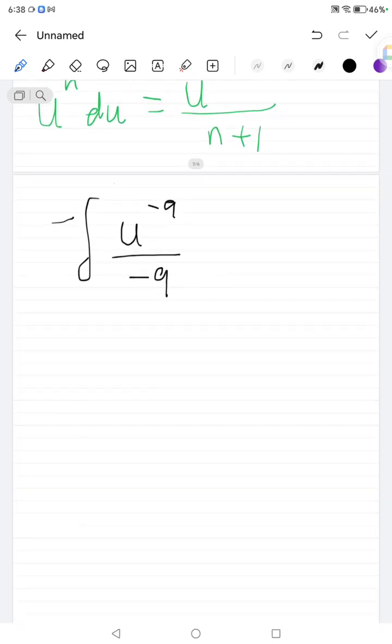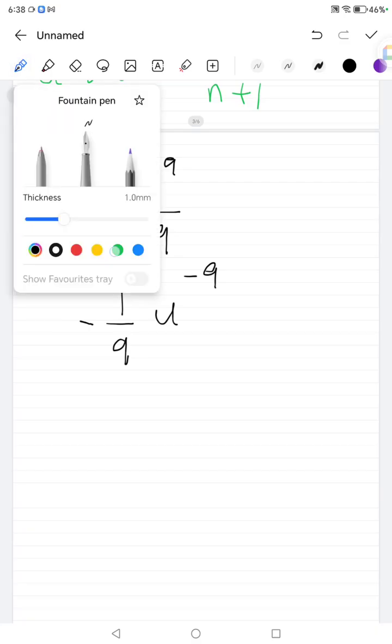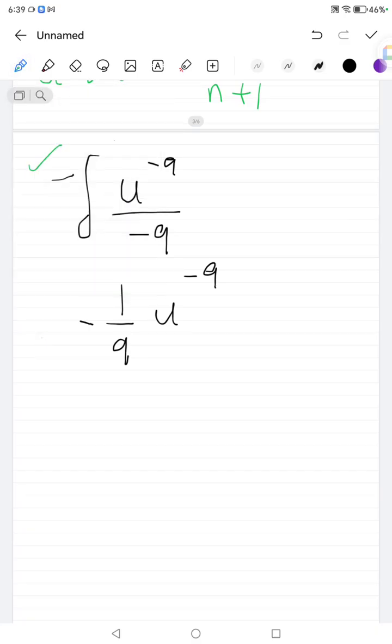So this is the same as having what? We can just try to split this one, that we have our 1 over 9. Yeah, minus, I'm sorry about that, minus 1 over 9. Then we have a u to the exponent minus 9. But remember, we still have this minus sign on this other side.